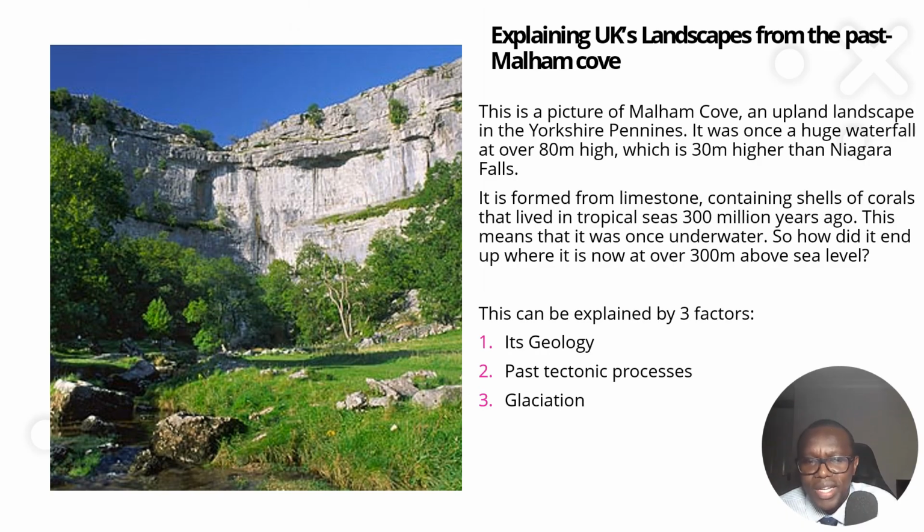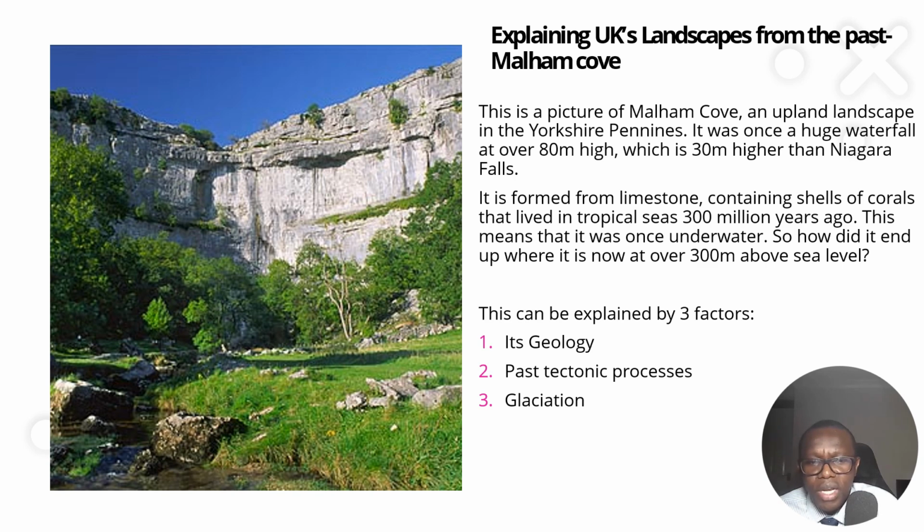So this slide here shows a picture of Malham Cove, which is an upland landscape in the Yorkshire Pennines. Now this was once a very huge waterfall here in the UK, and as you can see from the picture, it's quite high. At 80 meters high, it is 30 meters higher than Niagara Falls.